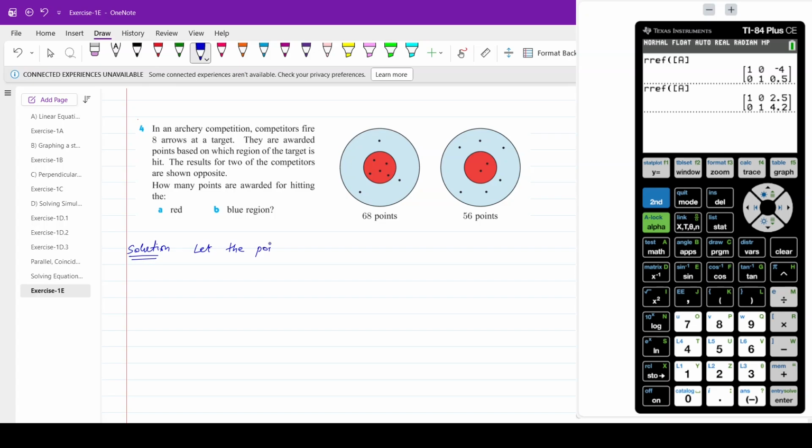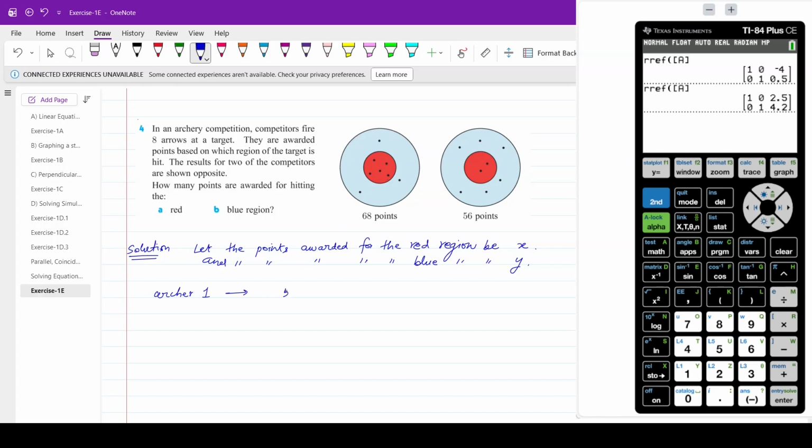Let the points awarded for the red region be X, and the points awarded for the blue region be Y. Now for archer 1, can we say there are 1, 2, 3, 4, 5 arrows in the red region?